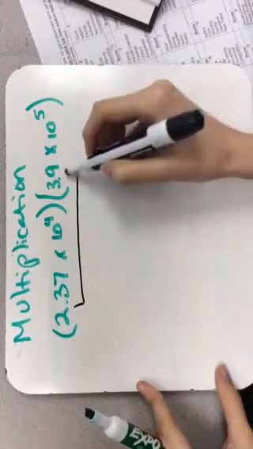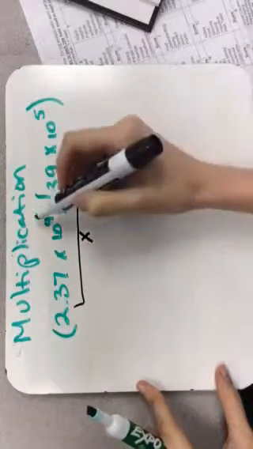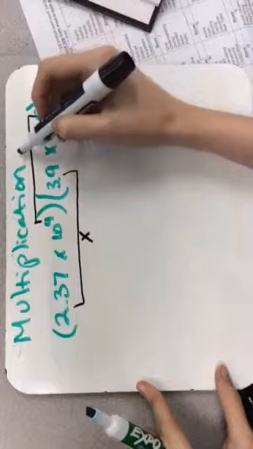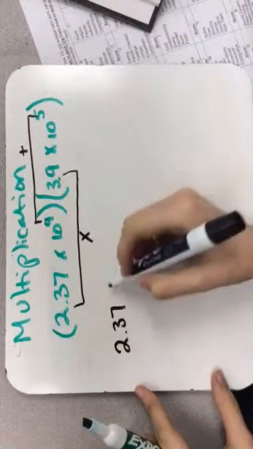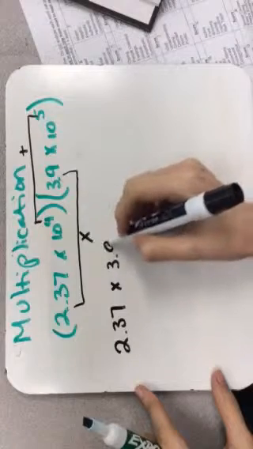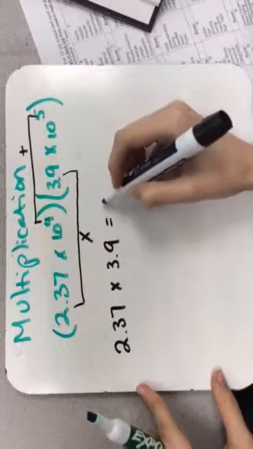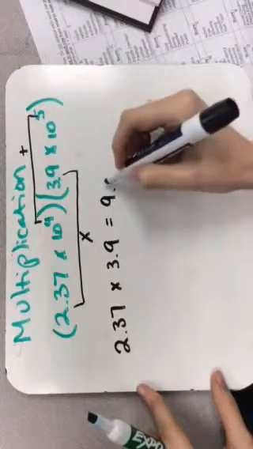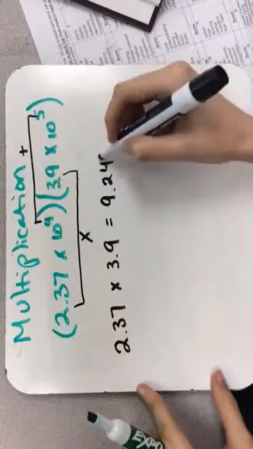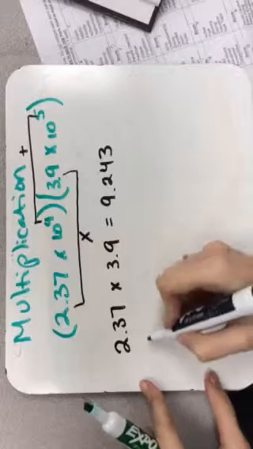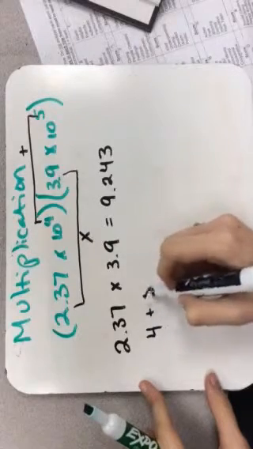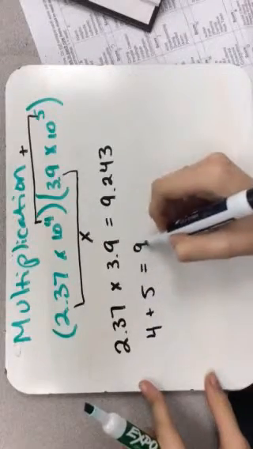You multiply the coefficients and you add the exponents. So first you do 2.37 times 3.9, and if you do it in your calculator, you'll get 9.243. And then you add your exponents. So 4 plus 5 equals 9.